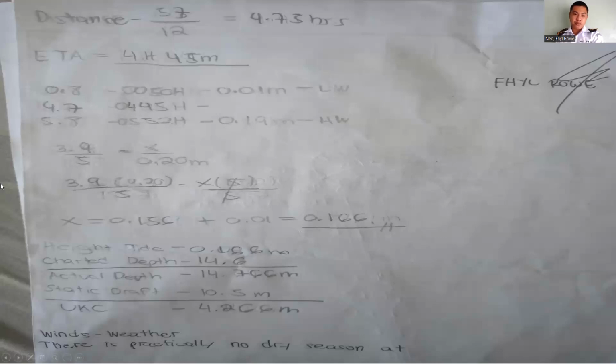Now let's proceed to waypoint 3 to waypoint 4, since we have done getting the ETA, height of tide, actual depth, and UKC at latitude 12 degrees 30 minutes and longitude 124 degrees 11 minutes east.